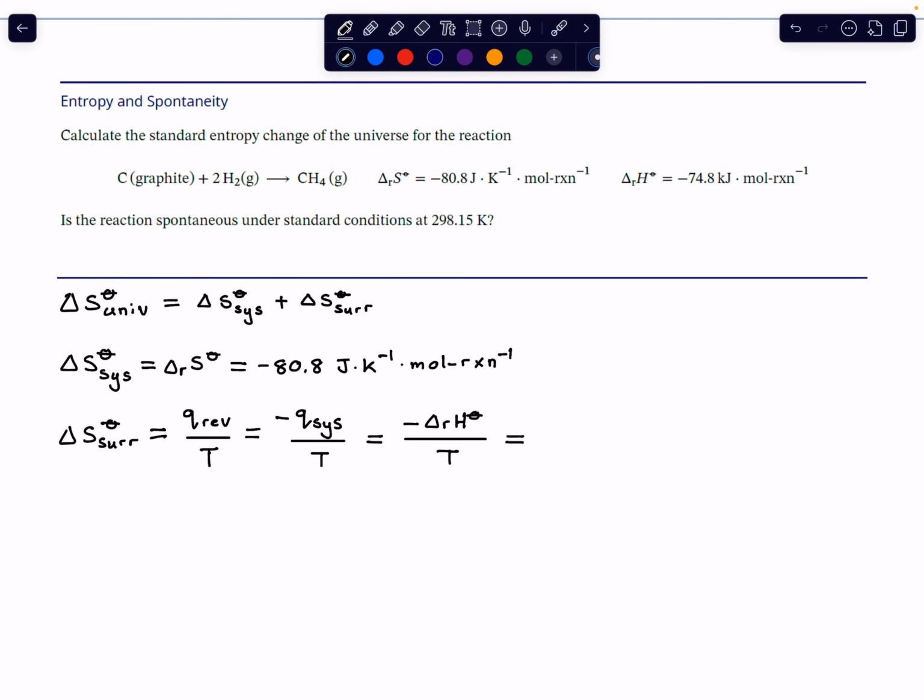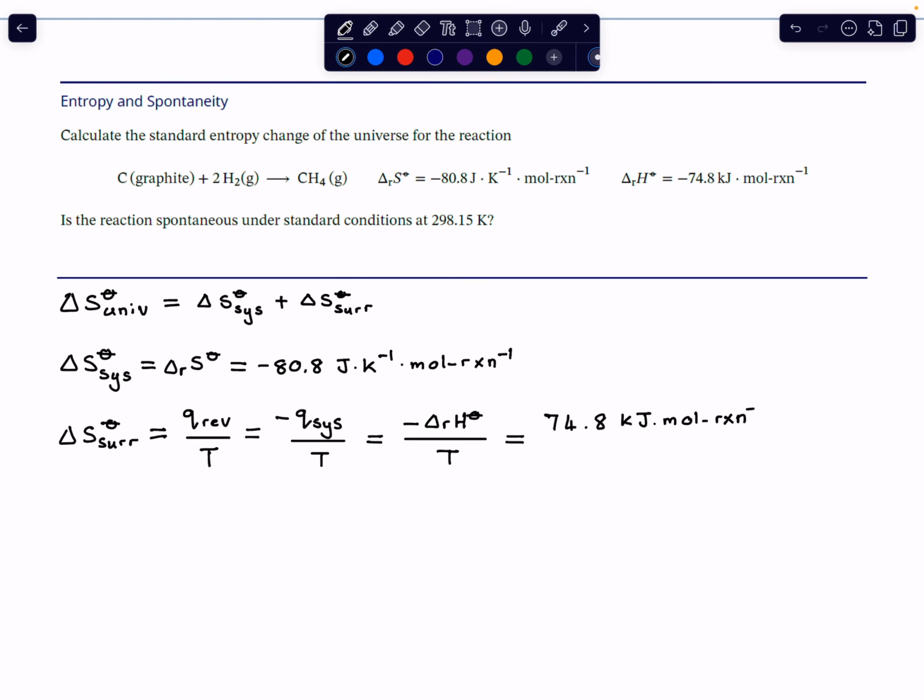It's an exothermic reaction, so it means our system gives off energy to the surroundings. In other words, the surroundings is absorbing this amount of heat, so it should be a positive quantity, and that makes sense. If you take negative the enthalpy, you will get a positive quantity for the surroundings. So we see the surroundings absorbs 74.8 kilojoule per mole.